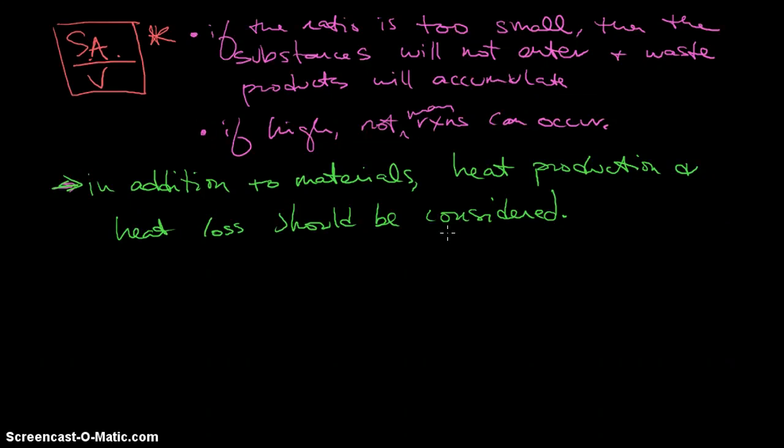But that heat is being lost by the cell, and if there's not a lot of surface area, there's not a lot of places on the cell where the heat can be lost, which leads to the overheating of the cell, which may impact the enzymatic reactions within the cell, which would affect the metabolic rate and may cause the cell to die. Okay, so I hope you get that.